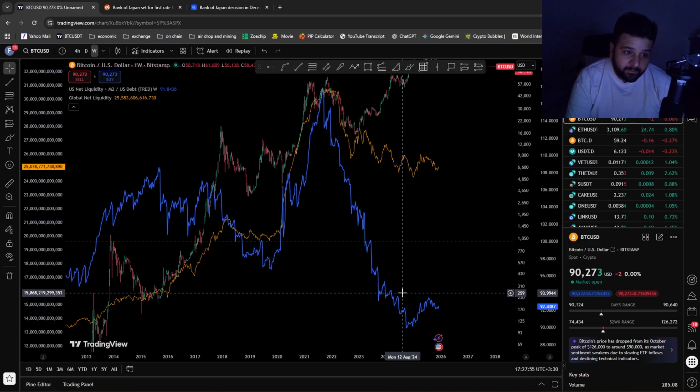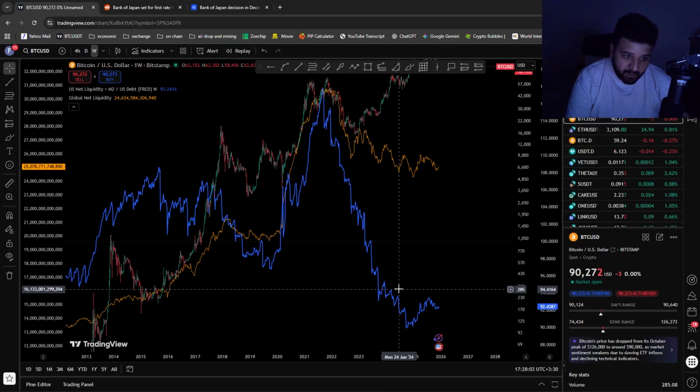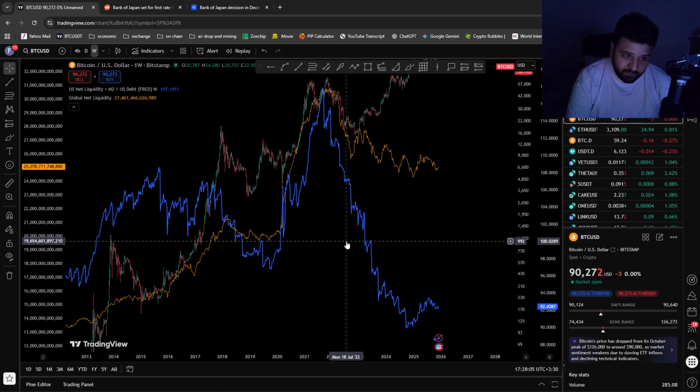Clearly, even though T-bill buybacks and M2 are increasing, most of this liquidity is locked in banks or treasury accounts, and a large portion is used to repay debts.